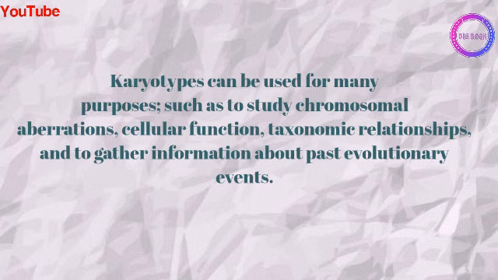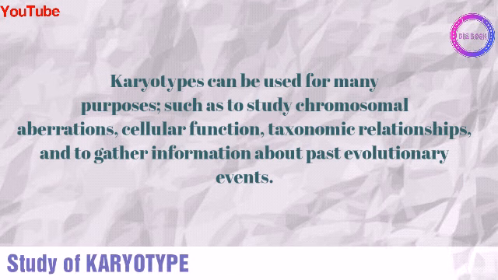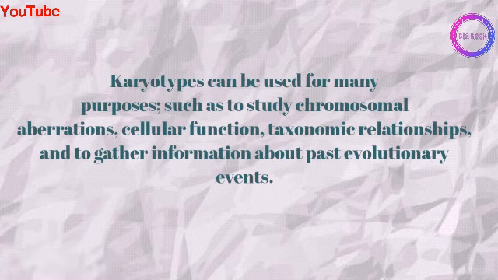And apart from this we have studied the syndromes. In that also this will be very helpful to study a particular karyotype, to understand a particular individual's genetic material with the help of the karyotype. Later the further actions can be taken.